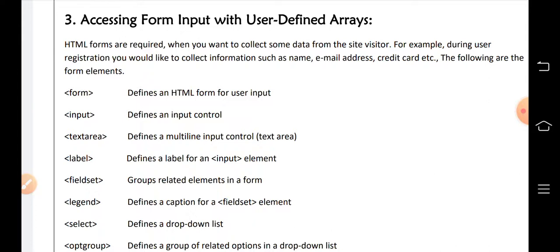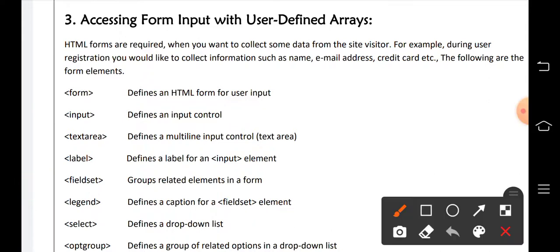For example, during user registration, suppose a user is going to register, then you would like to collect information such as name, email address, credit card, etc. We all know when we submit any application form, we write name, email address, then credit card or debit card, or residential address, then Aadhaar card number, etc. Some data you have to fill up in the application form.